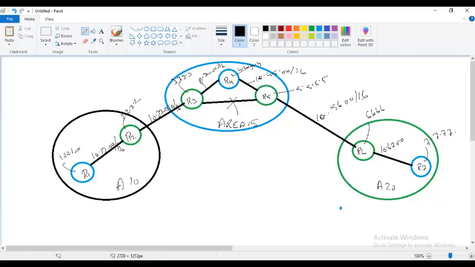So now, okay, here there is another link, no? Like this. So I'm going to put the IP address in all routers as per this plan, and I'll enable ISIS.